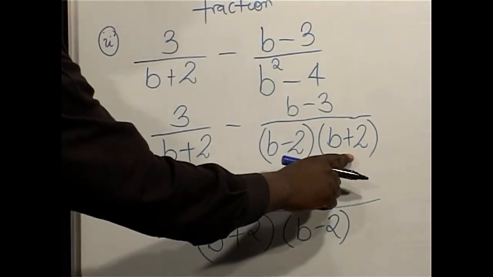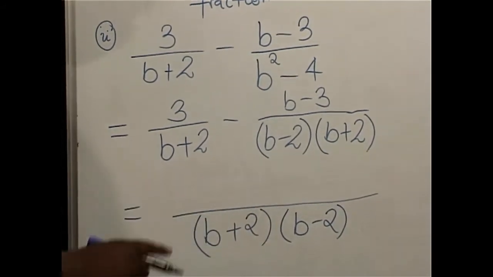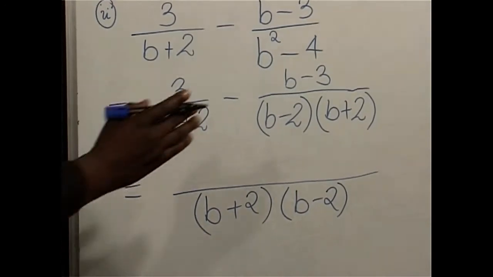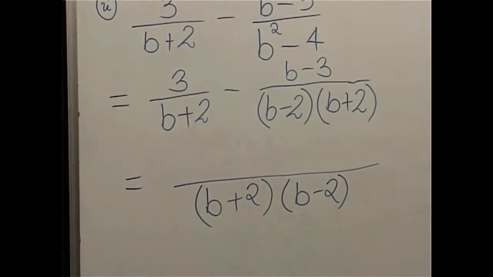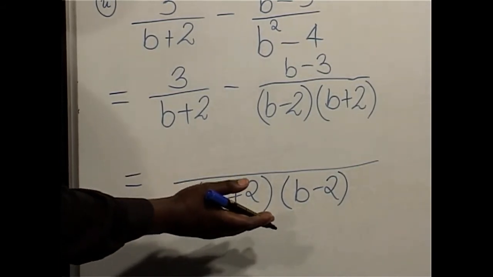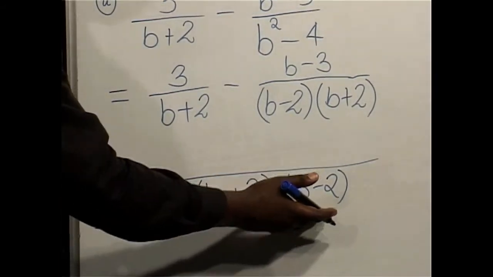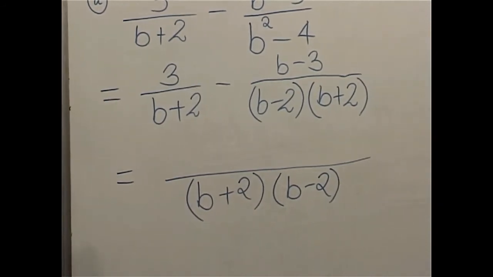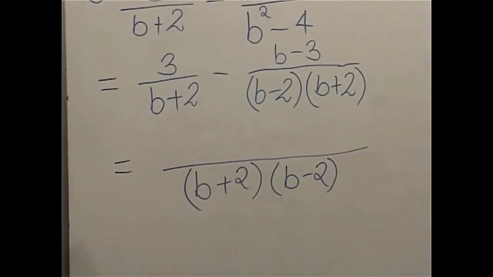This other factor of b plus 2 is a repetition of what is appearing in the first denominator. So it shouldn't be captured a second time. So our lowest common denominator is going to be the product of b plus 2 and b minus 2. Then we proceed like the way we proceeded before.